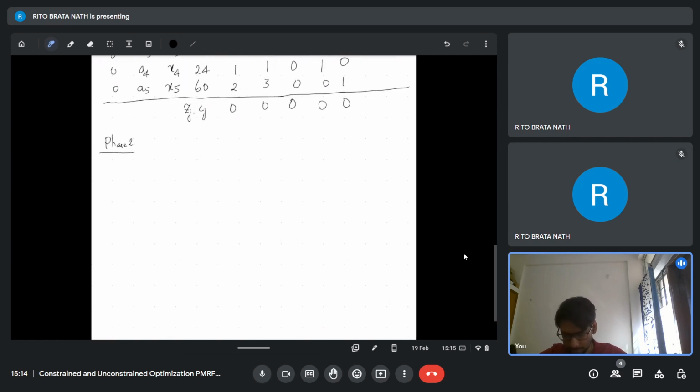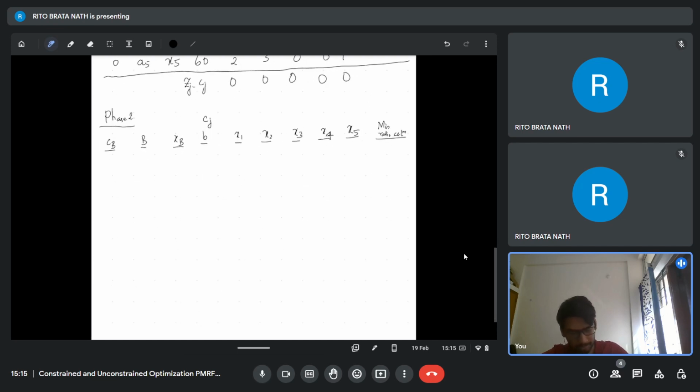Okay, so the phase 2 part is very similar. Let's write it down. This is CB, this is B, this is XB, then you have small b, X1, X2, X3, X4, X5, and the min ratio column. Here you can write Cj, and let's fill everything.